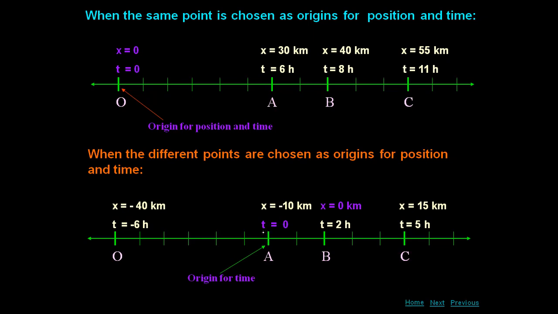Here A is the origin for time t0, and the origin for position x0. But the motion can start from point O. So there are two different origins here. We can take at the same point both origin of time and origin for position, or at different points.